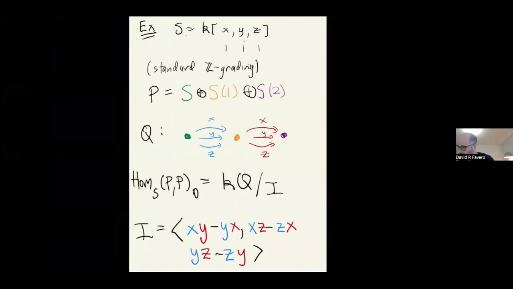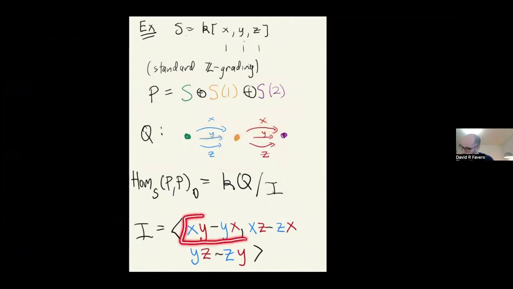All right. So now, if I wanted to describe this endomorphism algebra of P, I'm going to take this quiver, but I need to introduce the relation that in my endomorphism algebra, the monomial, which was the degree 2 thing, called x times y, was the same as the degree 2 thing called y times x.